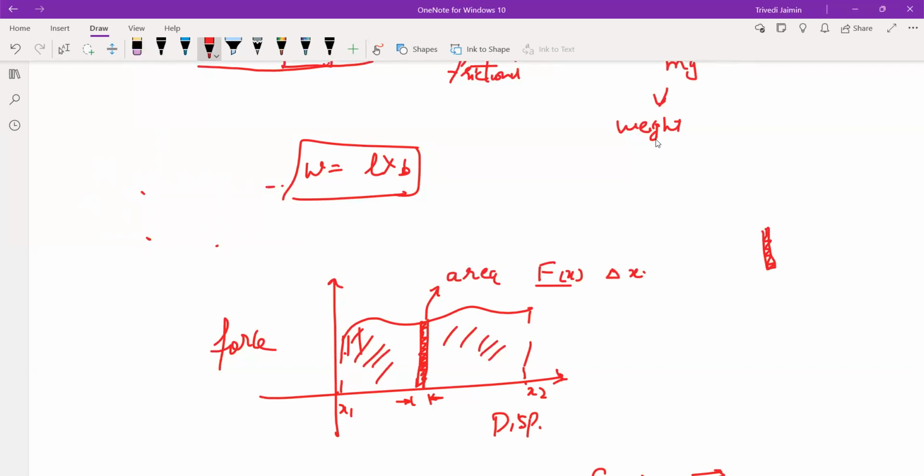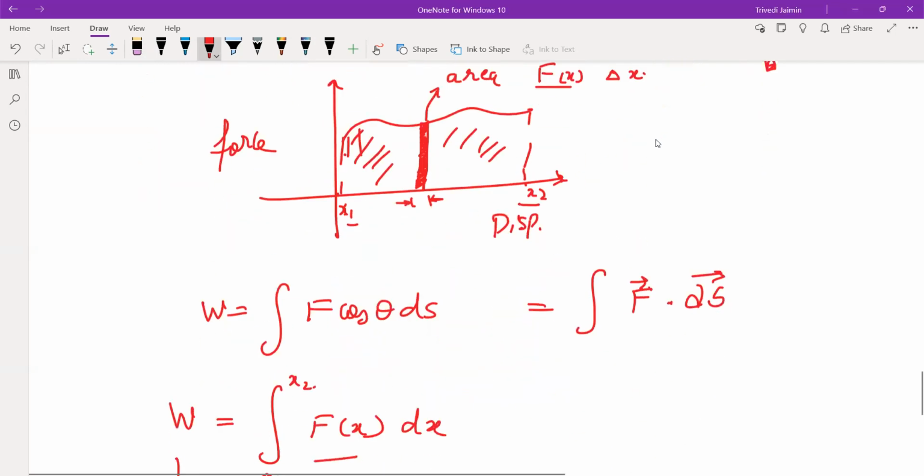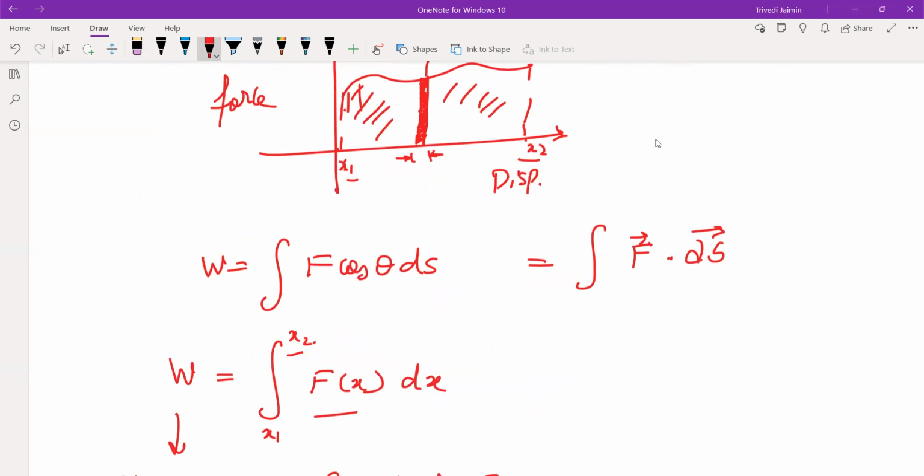We took the small area and will vary from limits, which are x1 and x2. Upper limit is x2, lower limit is x1. So here I wrote upper limit and lower limit. When we are integrating, we'll substitute values of upper limit and lower limit as upper limit minus lower limit.